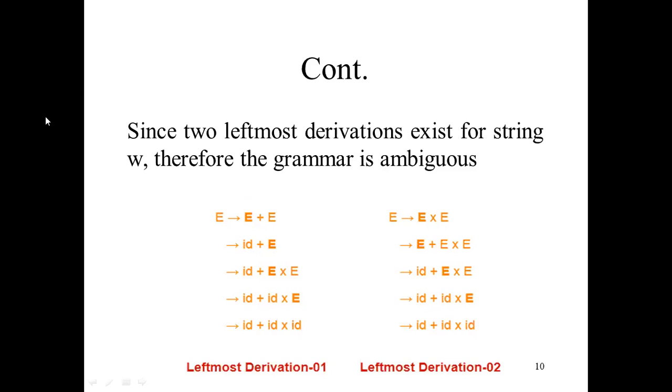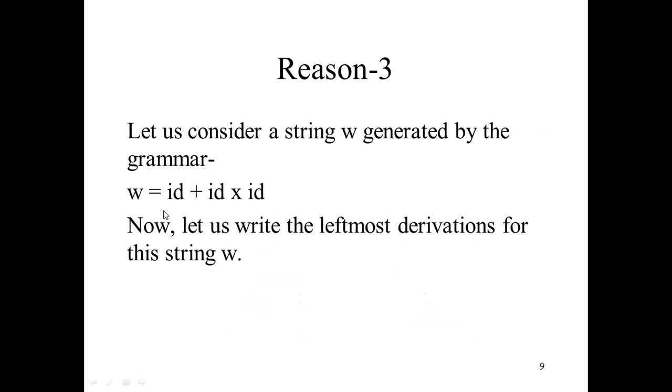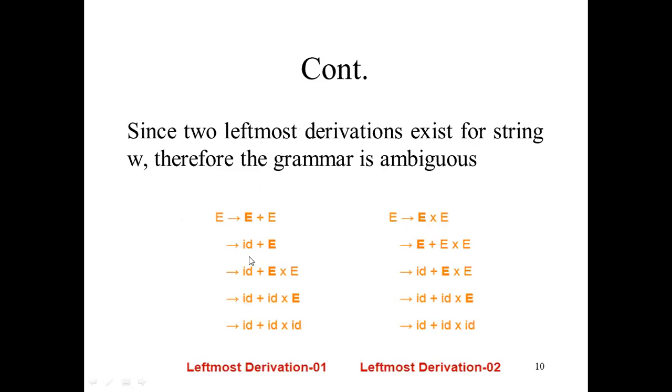So the string given here is provided in the form of ID plus ID into ID. So we will proceed as per string. As per string, just we can write here ID plus, and again we will break because we need ID into ID.